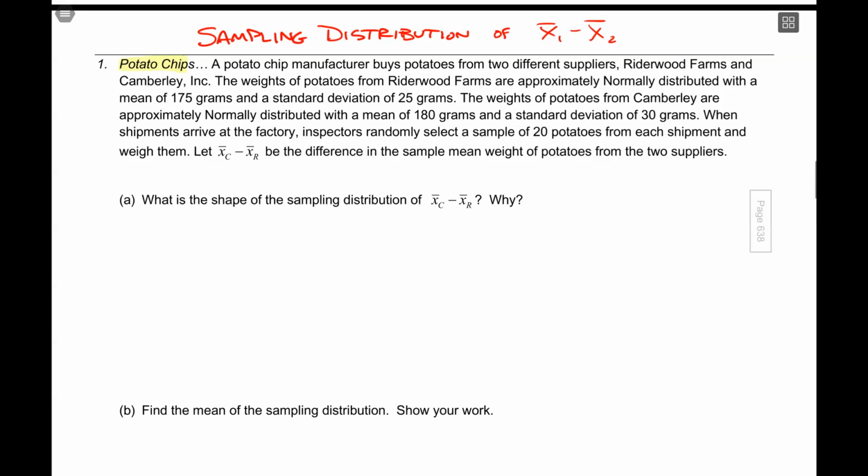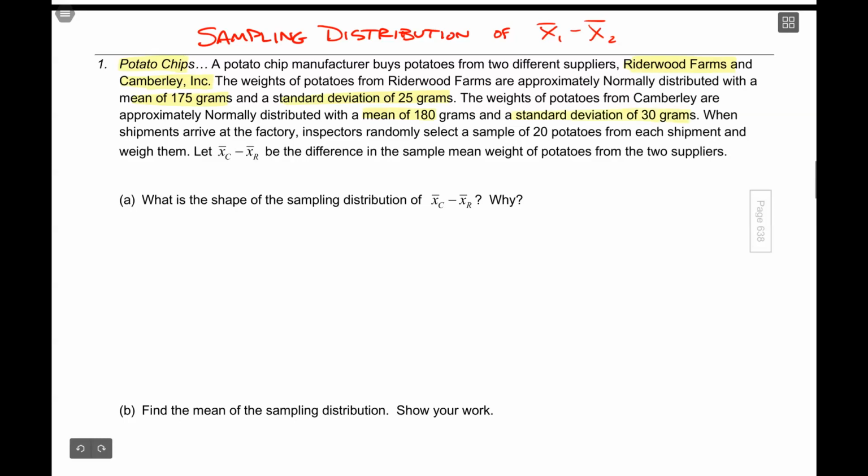A chip manufacturer buys potatoes from two different suppliers. We got Riderwood Farms and we got Camberley Inc. The weights of potatoes from Riderwood are approximately normally distributed with a mean of 175, standard deviation of 25. Weights from Camberley are approximately normally distributed as well, with a mean of 180, standard deviation of 30.